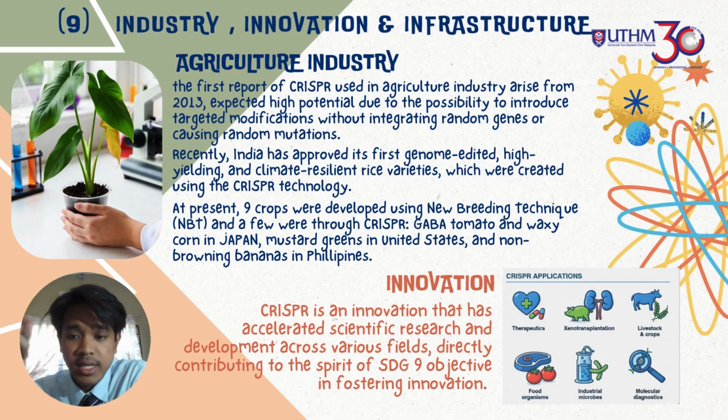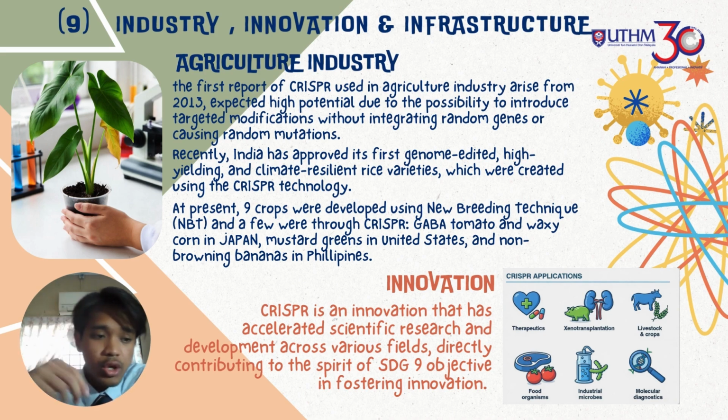CRISPR made this possible by targeting only the needed genes to ensure that no unwanted mutations happen while improving the quality of the crops. So it is contributing to SDG 9.